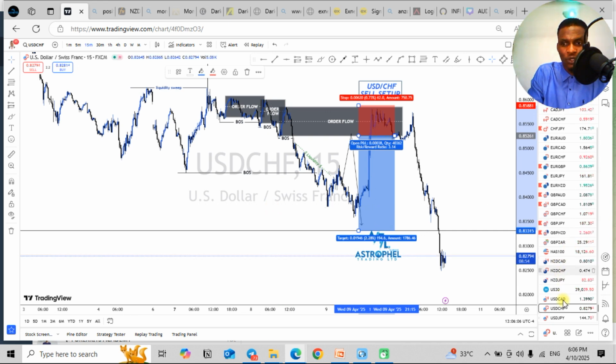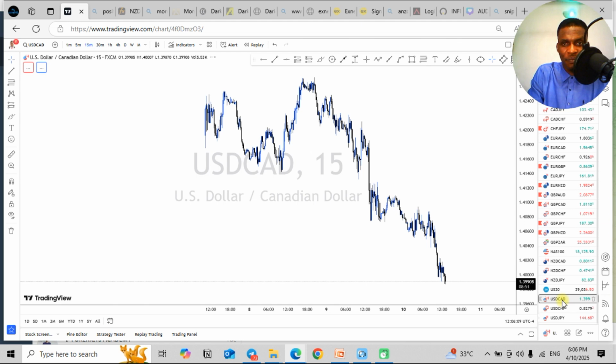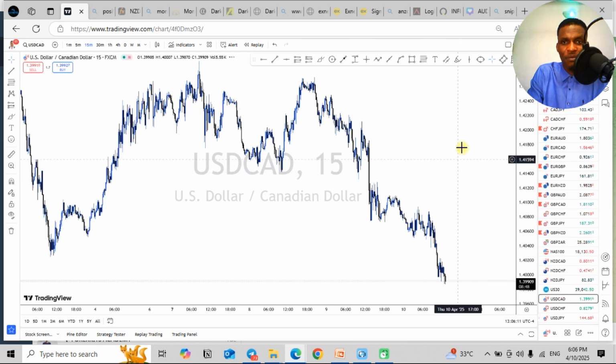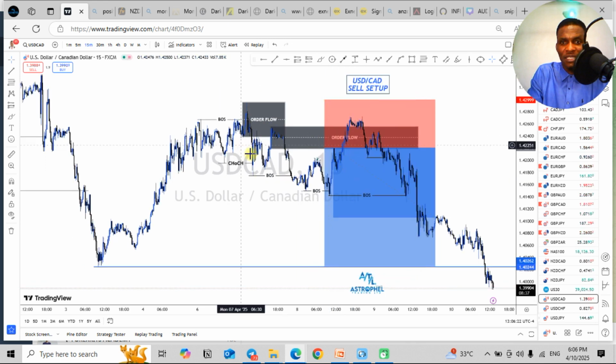Then on USDCAD, which was the first one I showed, let's see what became of that too. So here is the chart of USDCAD. Okay, so here we expected price to actually mitigate our order flow, but we have two distinct order flows there, right? The one at the top and the one below.